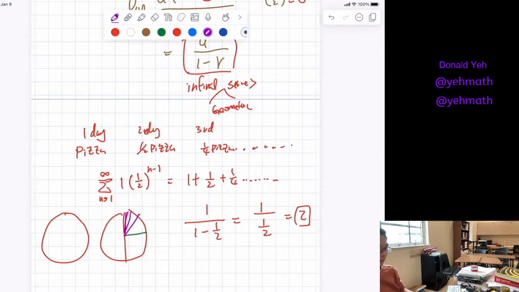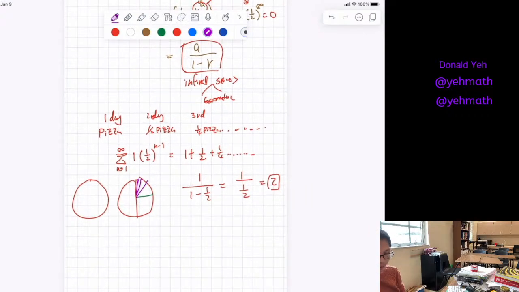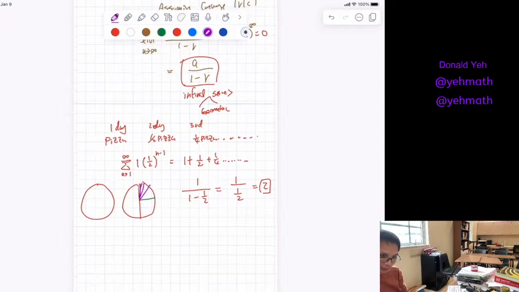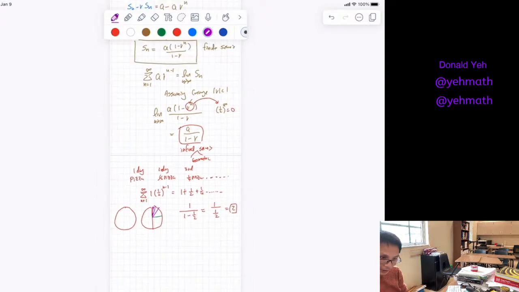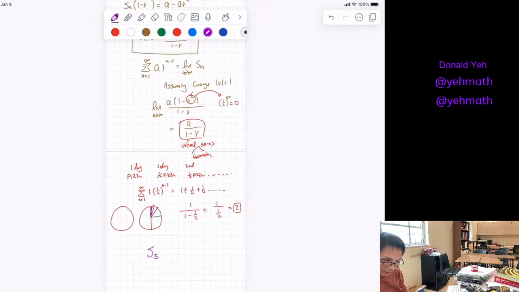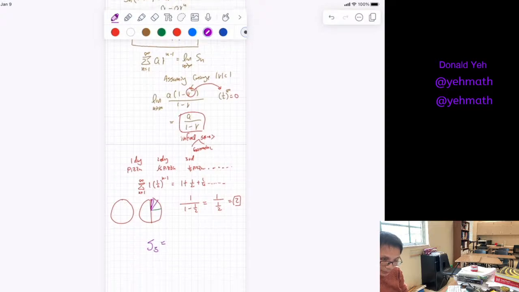So what about an example of finite? Let's try finite. Let's do the third term. Let's get an example. So let's try S3. What is S3?